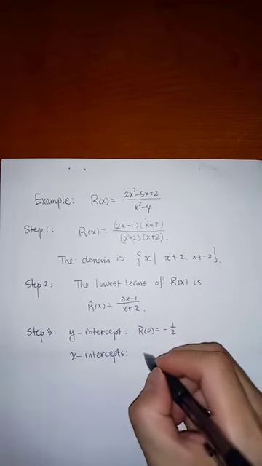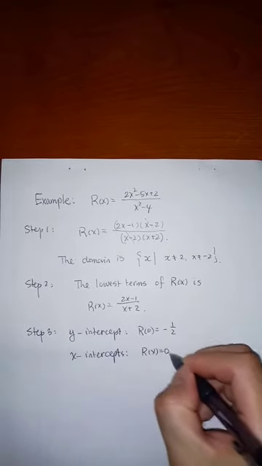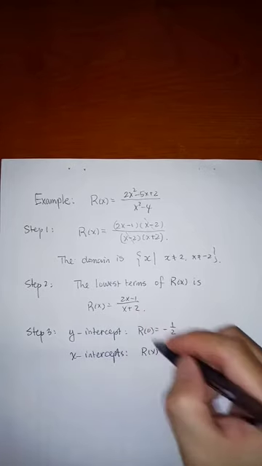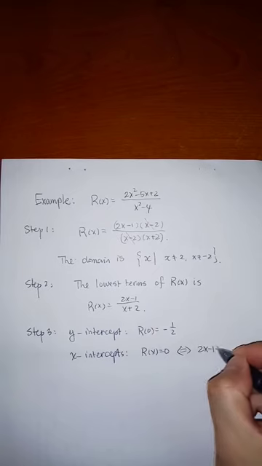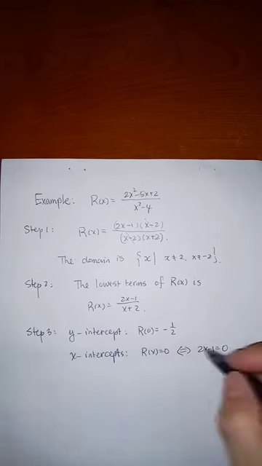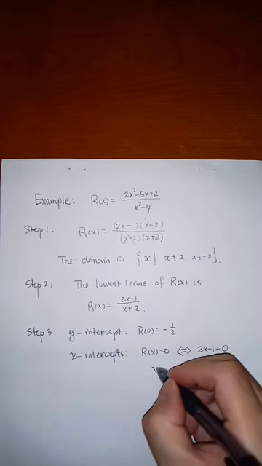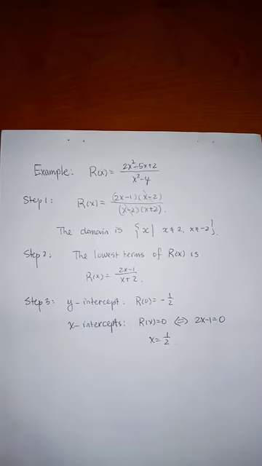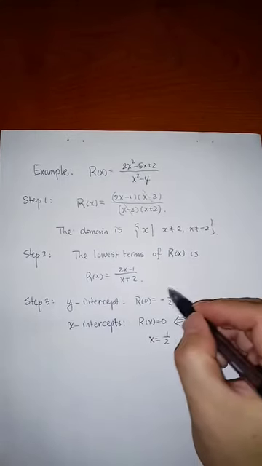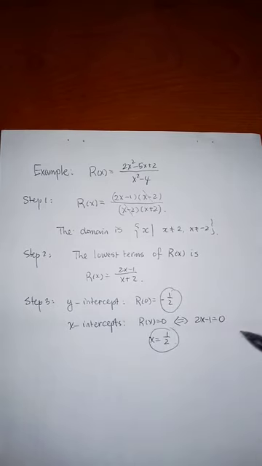X-intercept is a solution of r of x equal to 0. A rational function is equal to 0 if and only if the numerator is equal to 0. 2x minus 1 is 0, so x is positive 1 half. So this is the y-intercept and x-intercept.